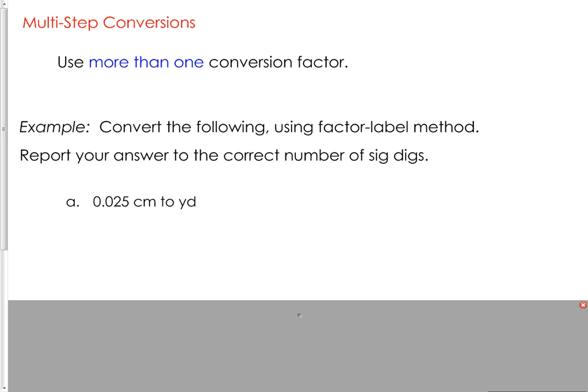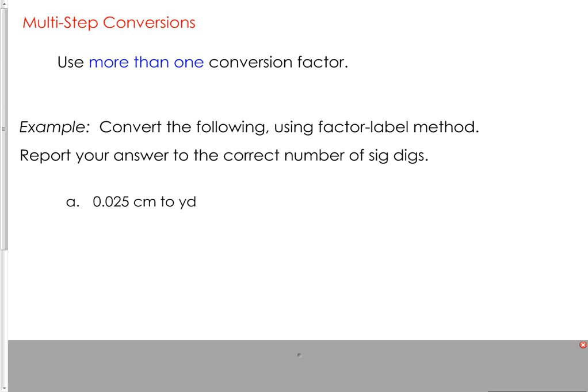So the best way to teach you how to do this is by doing an example. We're going to convert centimeters to yards by using the factor label method, and we're going to report our answer to the correct number of sig digs. The reason this is a multi-step is because if you look at the label you're starting with, centimeters, and the label you're trying to turn it into, yards, on that sheet of conversions we gave you there isn't one that involves centimeters and yards directly.